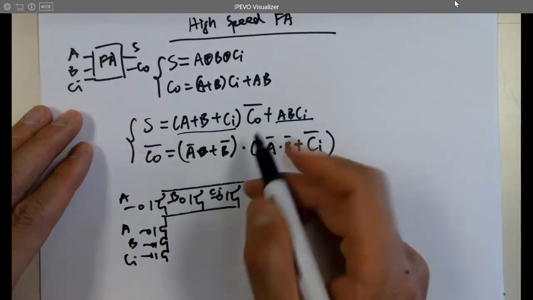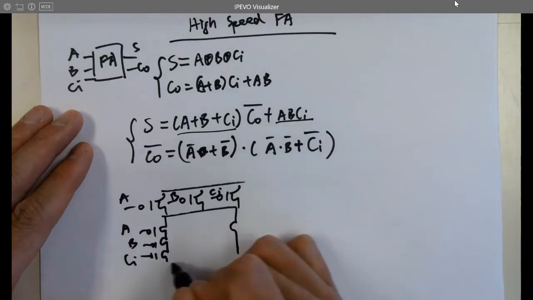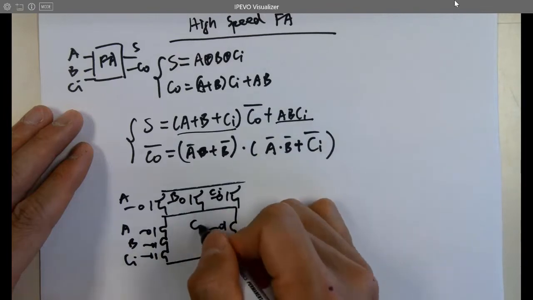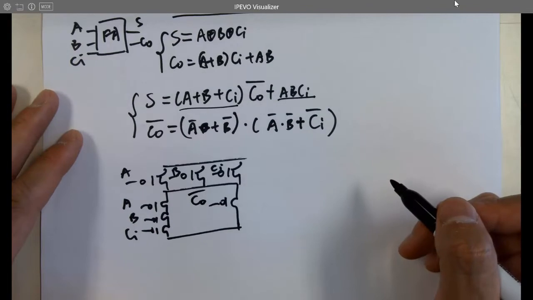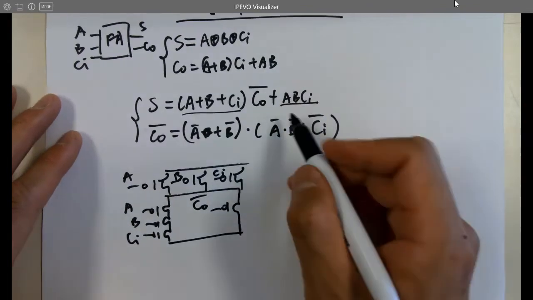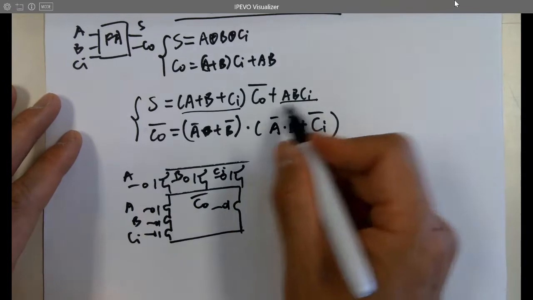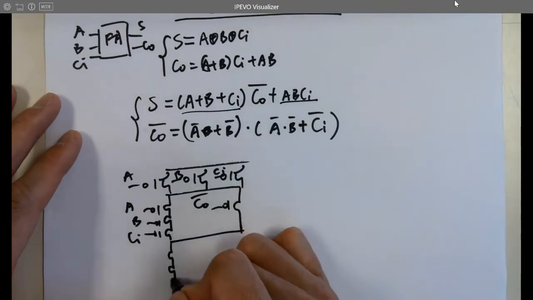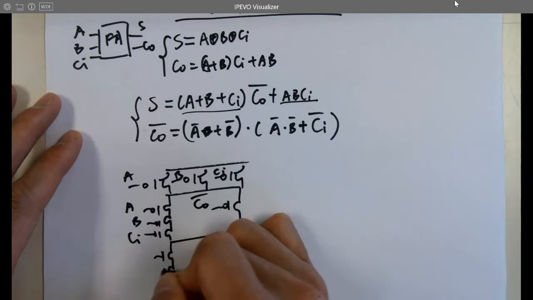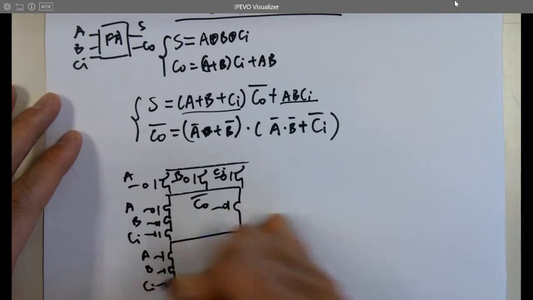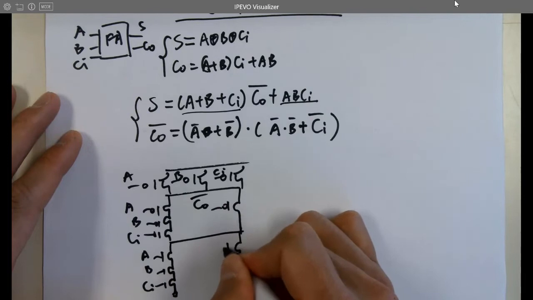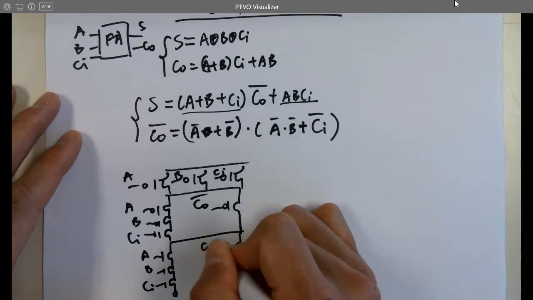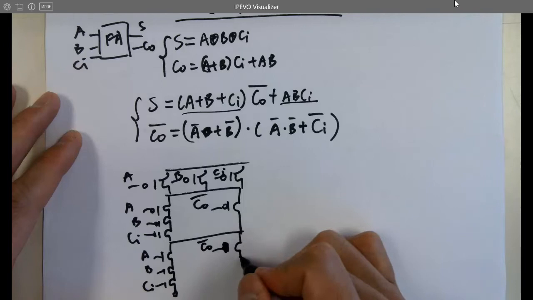And then it's a beautiful line. And then A, B, CI in series.